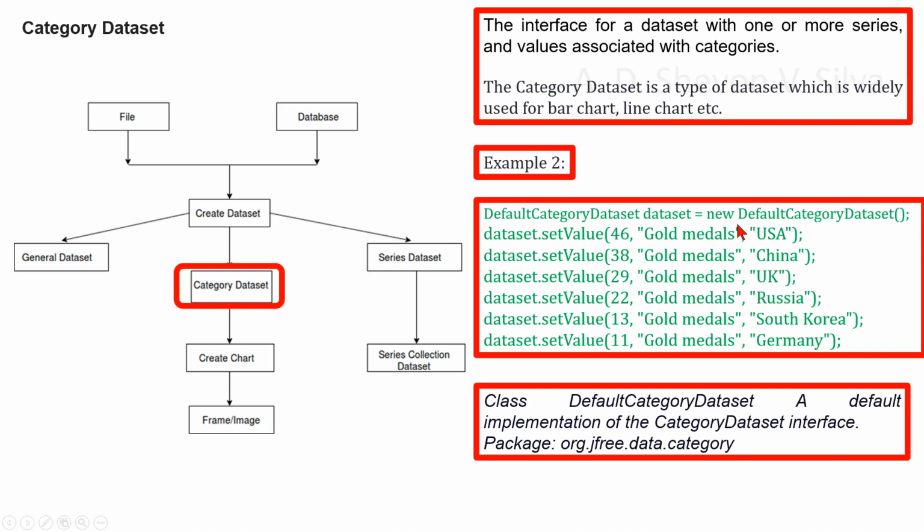Here it creates a new empty dataset. The method setValue adds or updates a value in the table and sends a dataset change event to all registered listeners.